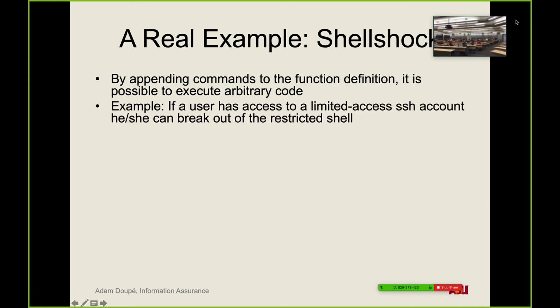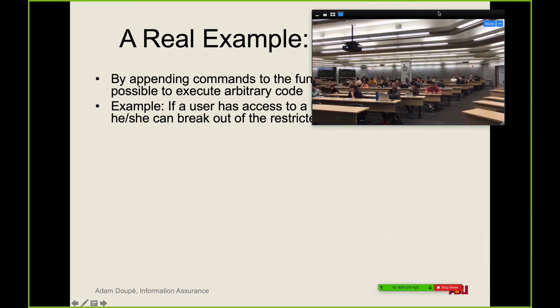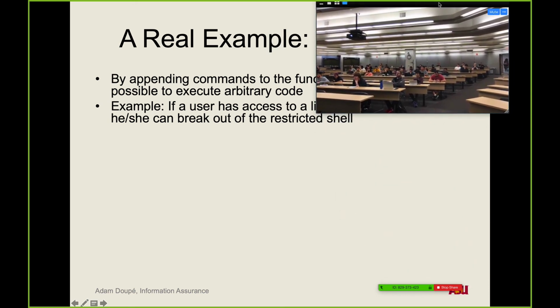So, for instance, if you had a limited access SSH account, does anybody use Git over SSH? Yeah, so Git is literally giving you SSH access to their system, and they're setting it up such that your SSH access is limited to only be able to essentially talk to Git. But as part of SSHing in, you can set environment variables.